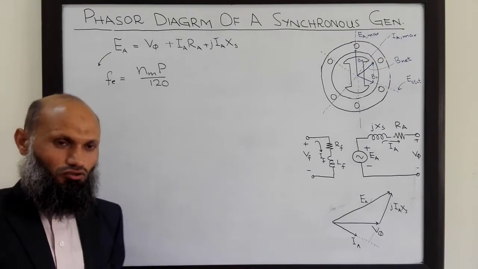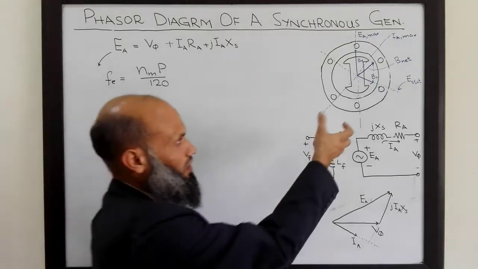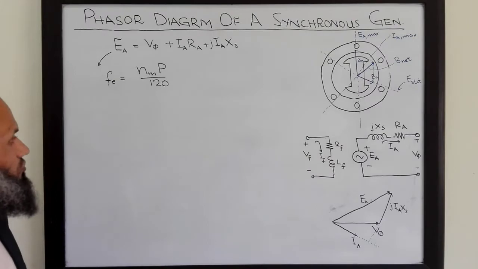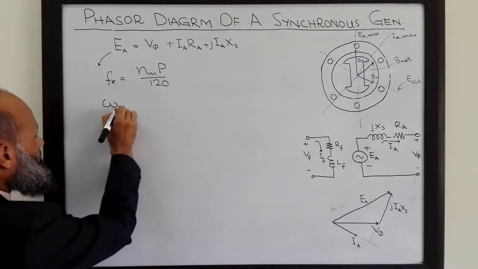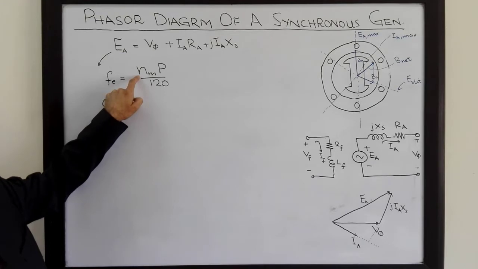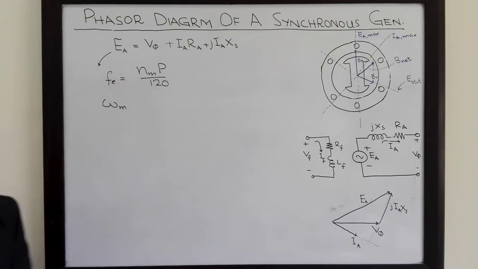Maybe in your course on control systems you will have an idea how to control it. Here we assume that the speed of rotation of the prime mover, omega m in radians per second and Nm in revolutions per minute, is constant.